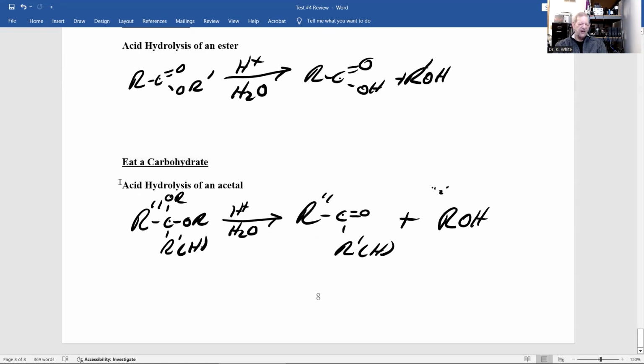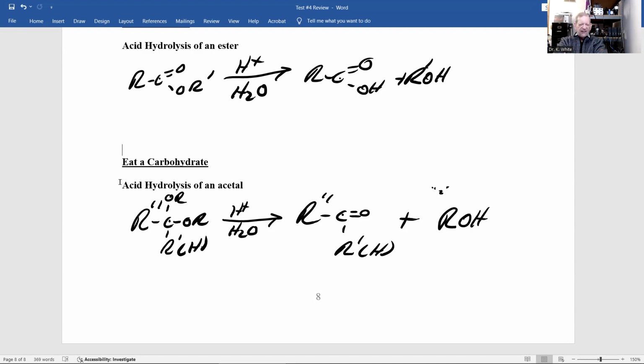And finally, you should also know, leaving my class, how to describe with words and a general reaction what happens when you eat a carbohydrate. And there, again, in your stomach, there's acid and water. Acid hydrolysis, and what's the functional group that holds glucose together in starches and most carbohydrates?